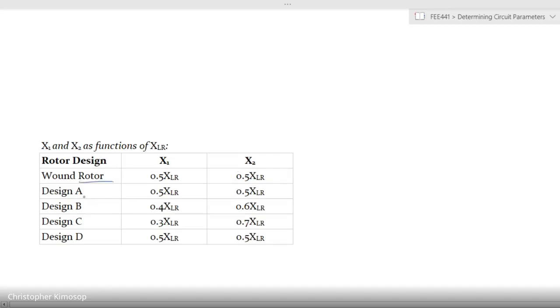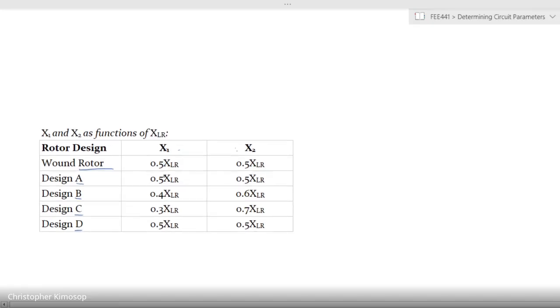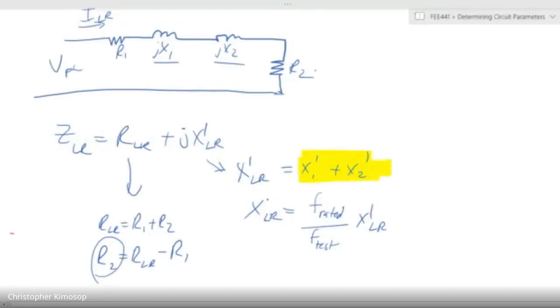So these are various standard types of designs of motors that will enable us to know the ratios of X1 and X2. So you have design A, B, C, and D. Those details can be found in the text. The text, I believe, is available on the Google Drive, and you can see more about how we get these different ratios. So that is how they are taken into account.